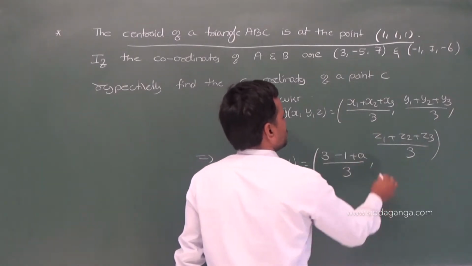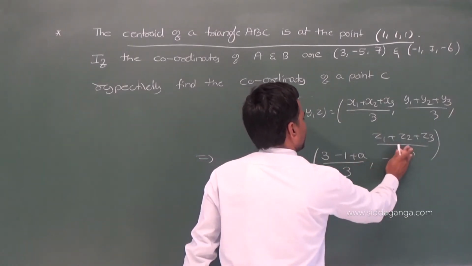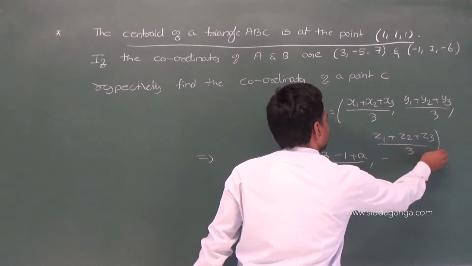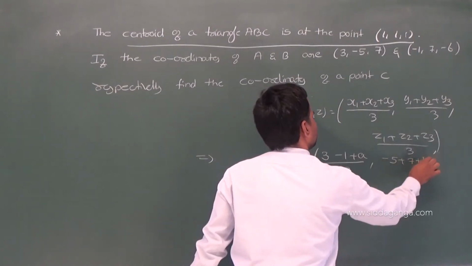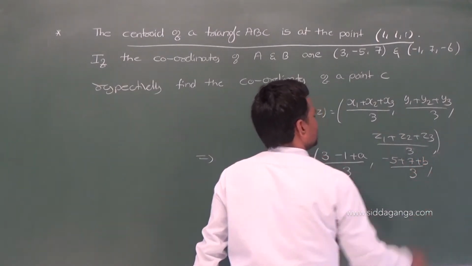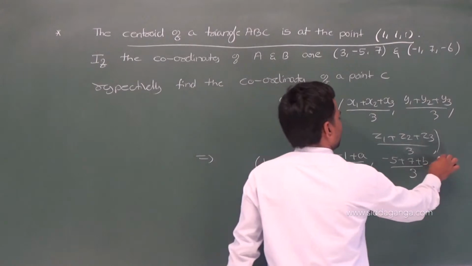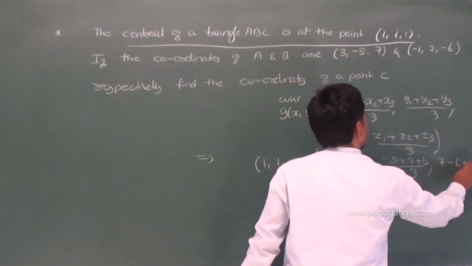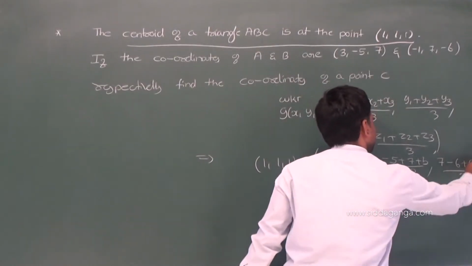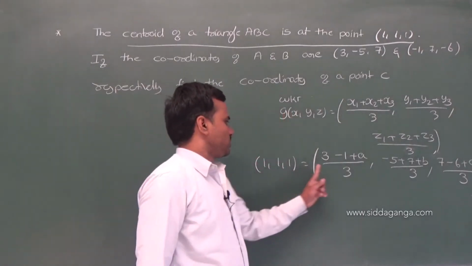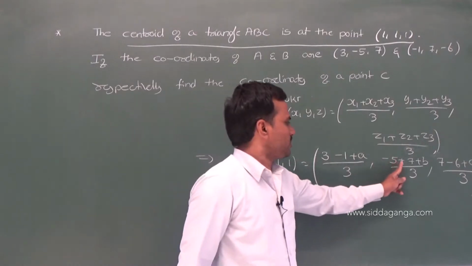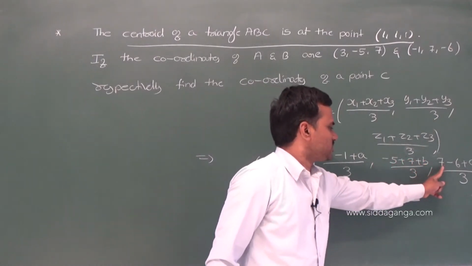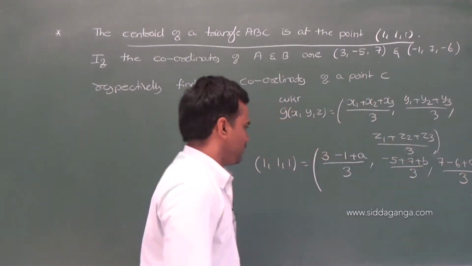Similarly, the y coordinate is -5 plus 7 plus b divided by 3. Similarly, the z coordinate 7 minus 6 plus c divided by 3.